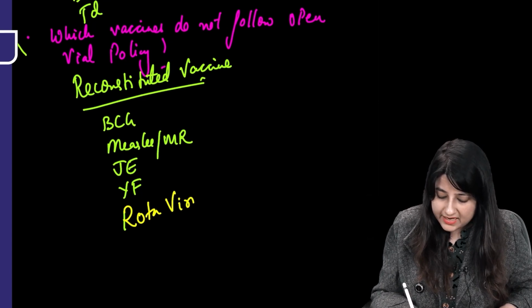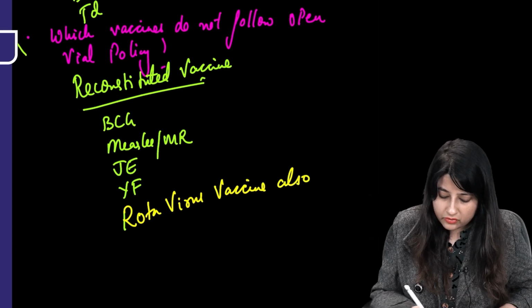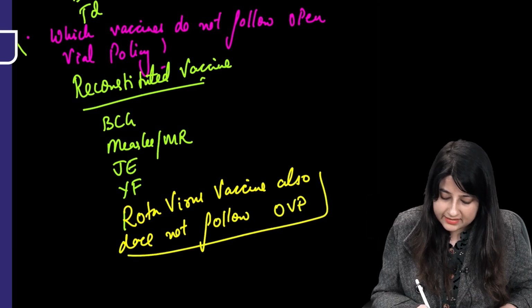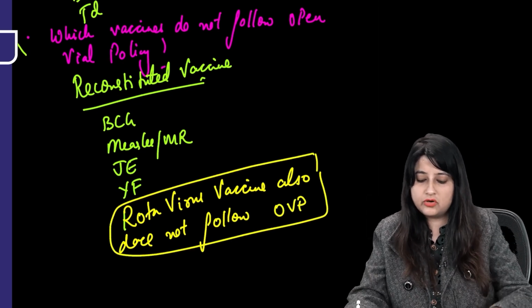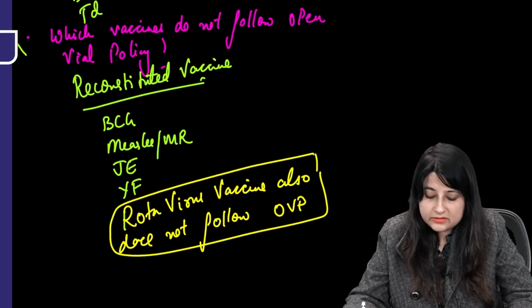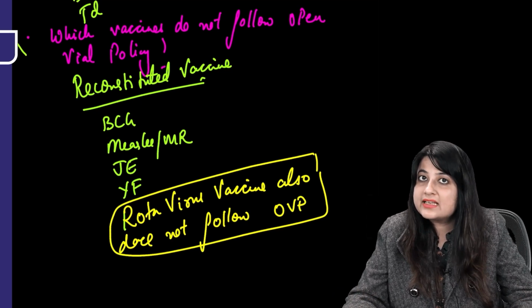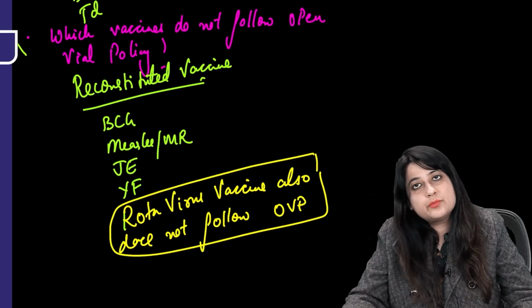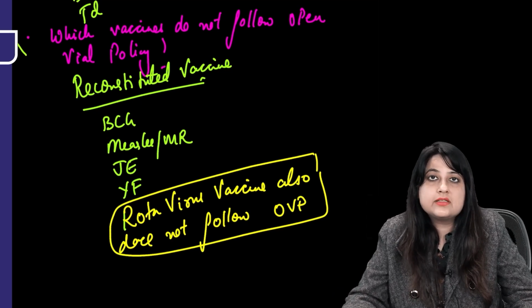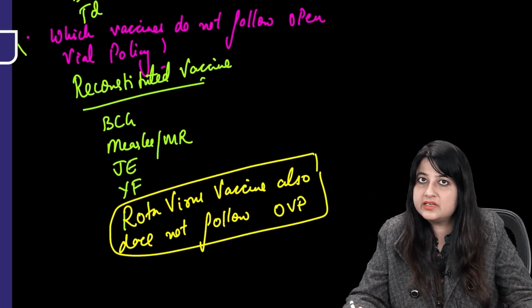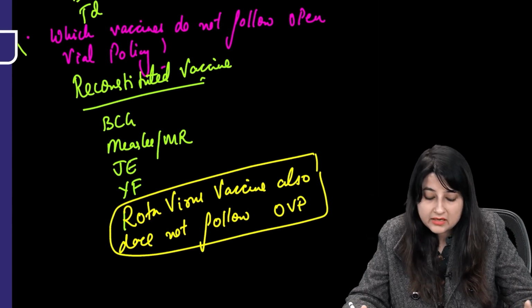So rotavirus vaccine also does not follow the open vial policy. So which vaccines do not follow the open vial policy? These. And which vaccines follow? T series plus PO. That means vaccine vials once opened can be used up to 28 days, provided all those conditions that we just read have been fulfilled.